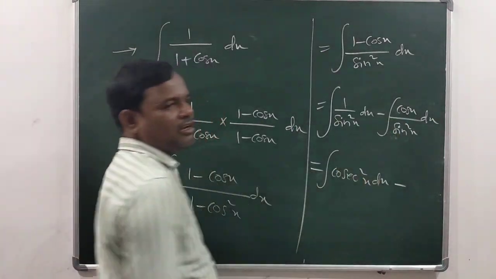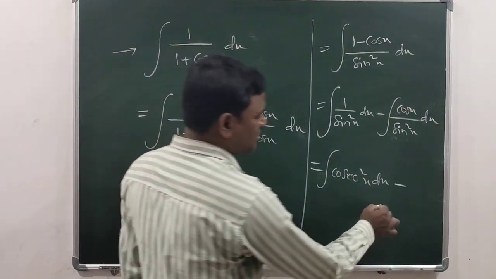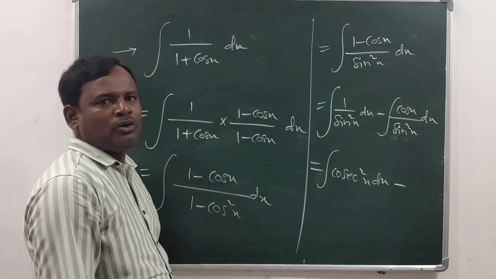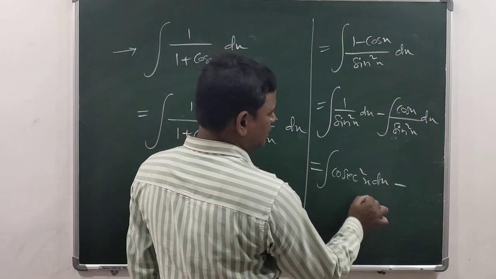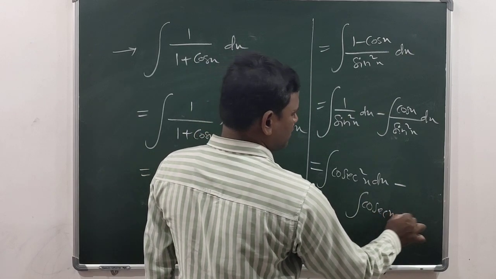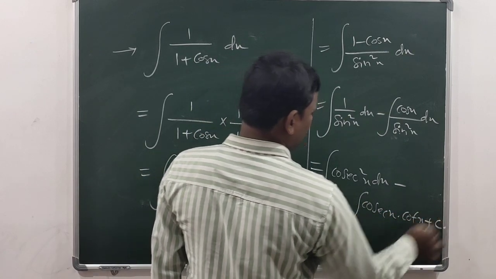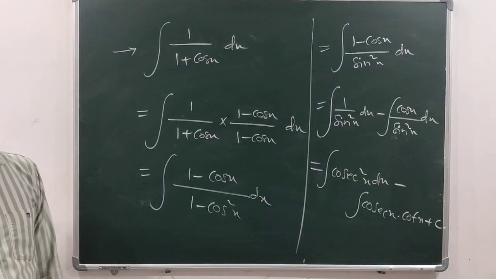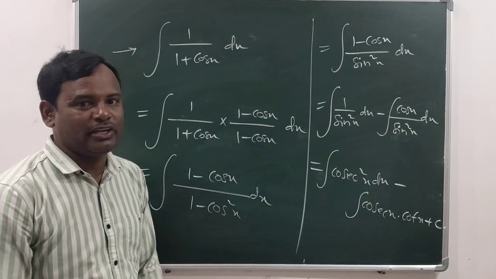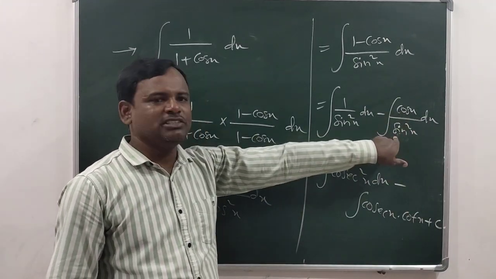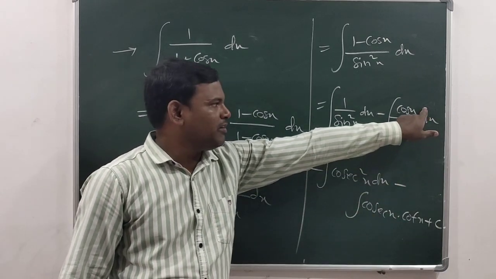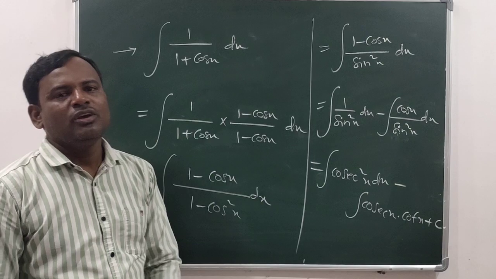So here cos x by sin x can be written as cot x and 1 by sin x will be there. So that can also be written as cosec x. Finally, if you simplify this, it can be written as cosec x into cot x plus c. Okay, here sin square x is there, that I have written as sin x into sin x, but here cos x by sin x can be written as cot x, and one more sin x will be there, that 1 by sin x can also be written as cosec x.